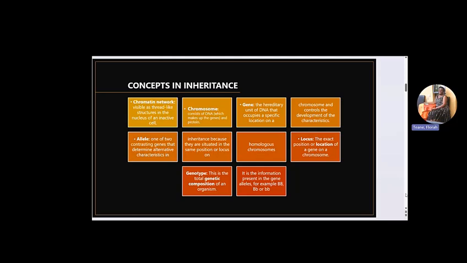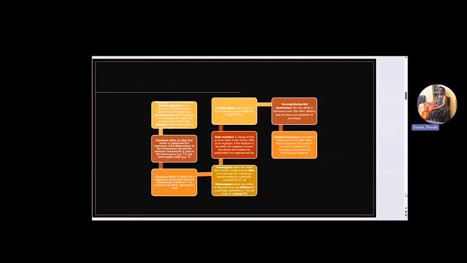It is called the genotype. What is the genotype? This is the total genetic composition of an organism. Simply means all genes that one possesses. We inherit genes from our parents, the father and the mother. So a total of genes that you have inherited from your parents are called the genotype.